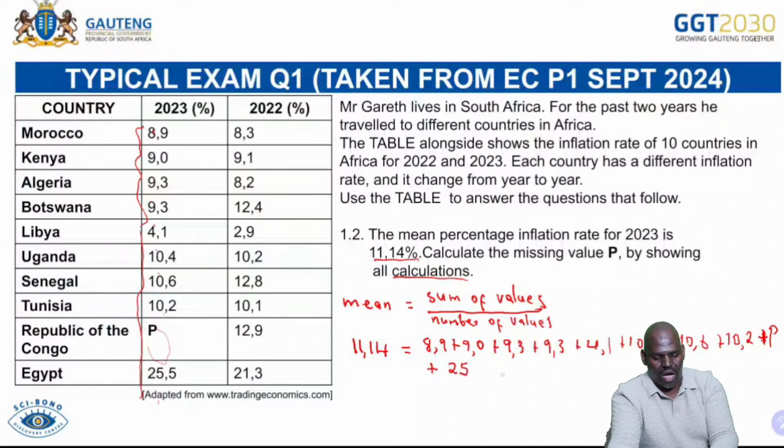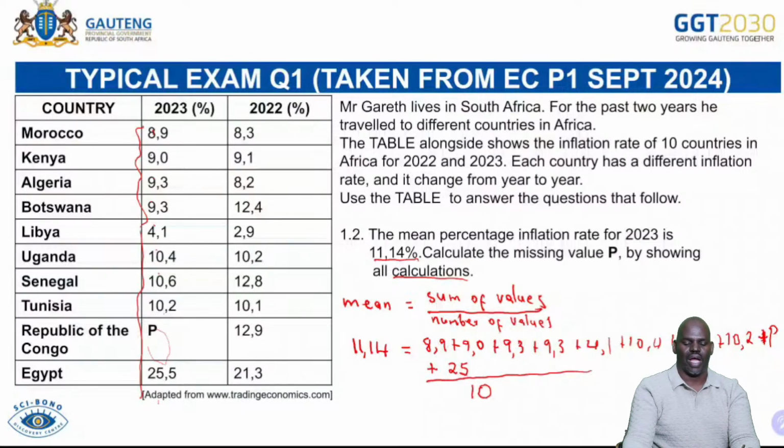And then I'm supposed to divide by 10. The numerical values in this case were 9, but if I include the value of P, I divide by 10. So I'm supposed to add them together and divide by 10, but I don't know what the value of P is.